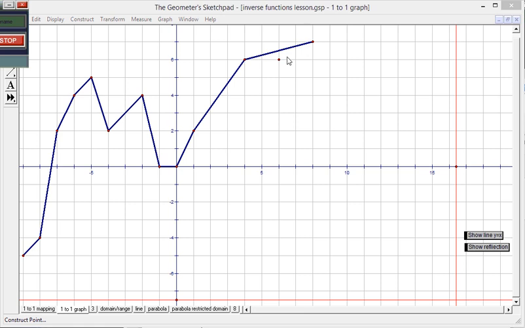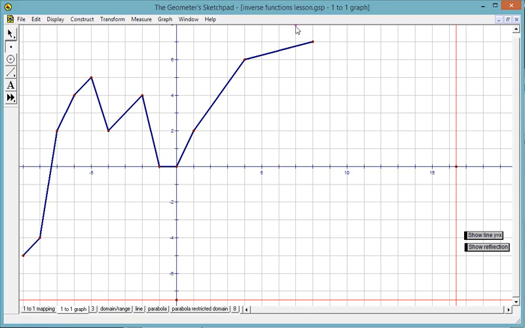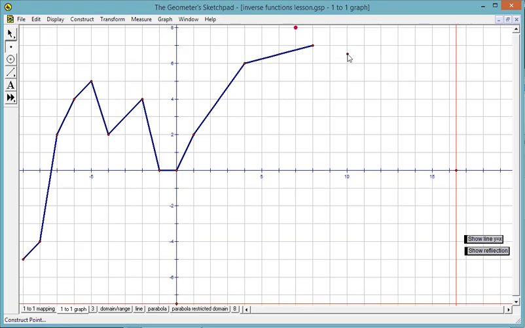So this point right here is the point 8, 7. So on my inverse function, I would have to have the point 7, 8, which I think is right up there. Could move up just a hair. Yeah. This point right here is the point 4, 6.